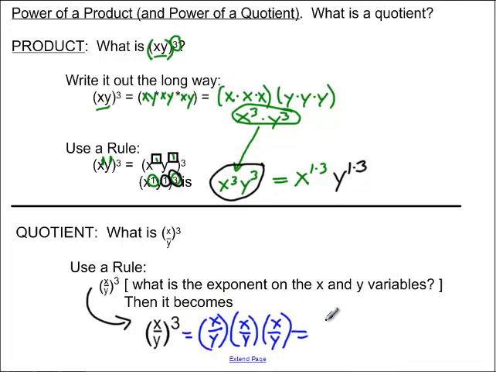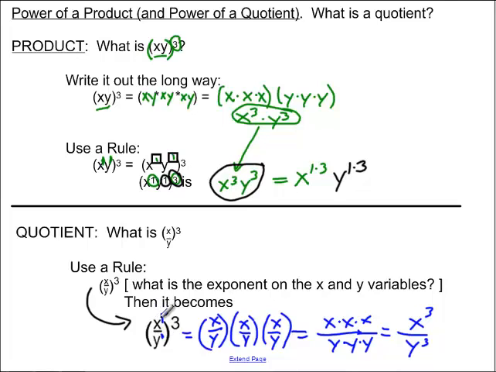Now let's just rewrite this as x times x times x all over y times y times y. And let's use our definition as well to say that this is x to the third power over y to the third power. And again, we use the same idea up here: if we've got x to the first power and y to the first power, because there's no exponent written, we have to assume it's a 1.